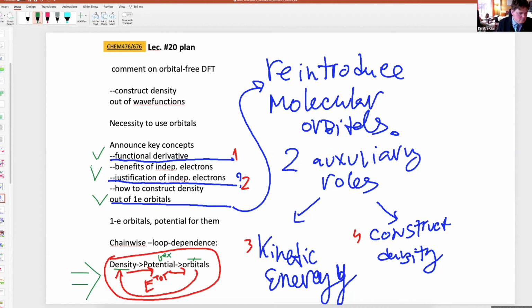Before we go into details, or before we complete our meeting for today, I want to bring a rational motivation why one needs orbitals. Based on the theorems, density functional theory must work without any orbitals.